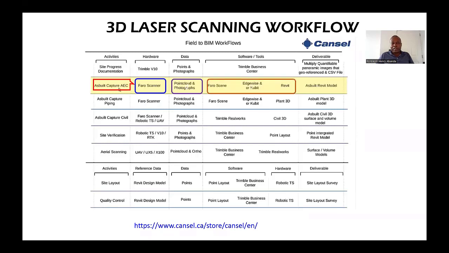You can now process this in the different software systems, either use FaroSim, Edgewise, or even Revit. Now, depending on the file output from the Faro Scanner, it can directly be taken to Revit, and then based on that, the 3D model is generated, and that's what we're getting at the end there. The as-built Revit model.